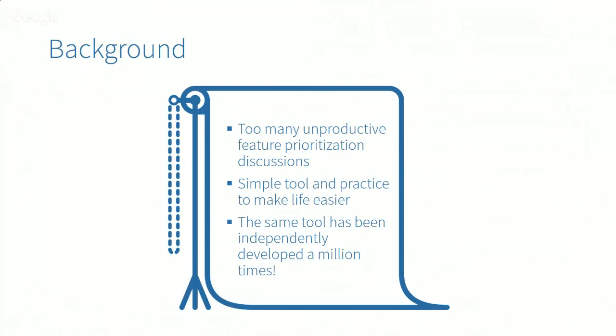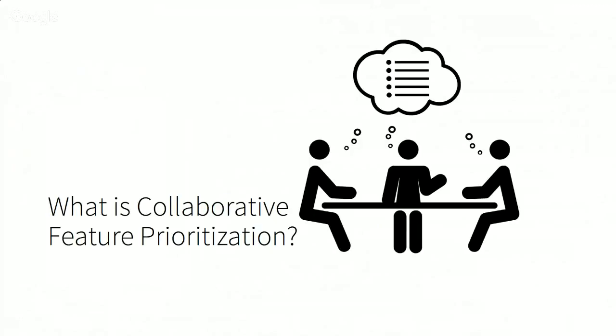There were a lot of discussions. And I'm a kind of impatient person. So I really wanted to find a simple tool and a practice that would help ground the conversation, drive people toward consensus. I'm going to show you a super simple tool. I'm sure you've seen something like it before. But once again, I think what's more important than the tool is the practice around the tool.